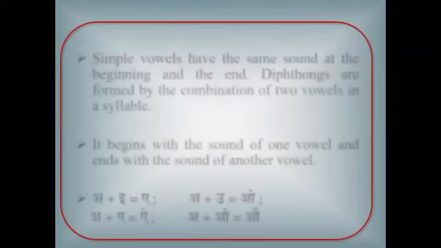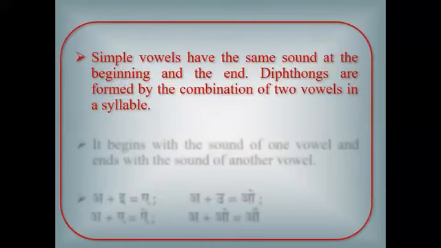Now let us understand what are simple and what are conjunct. Why is it called simple? Please note, simple vowels have the same sound from the beginning to the end. What does it mean? It means the sound is produced at its place of pronunciation.